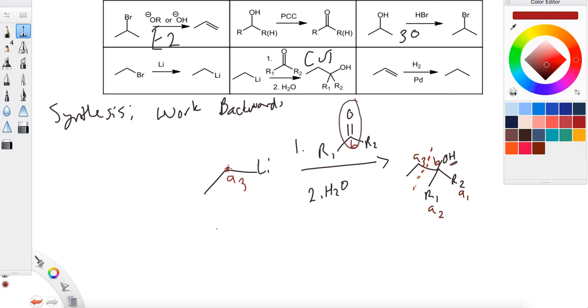This is my carbon A3, and this was my carbon B. Cutting can be fairly straightforward if you take it step by step, nice and easy. That's all we're trying to do here. We're not trying to complicate it. We're just keeping things nice and easy right now. All right, so let's do a synthesis together, and we'll try to apply this a little bit.